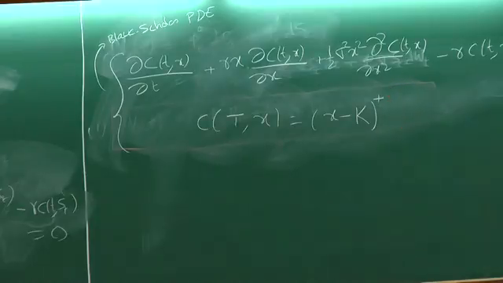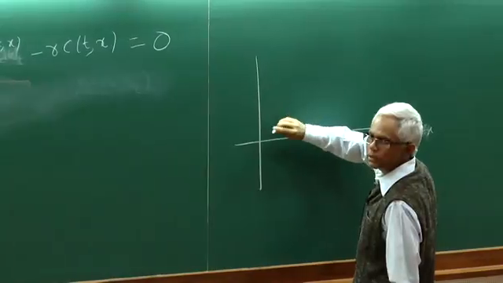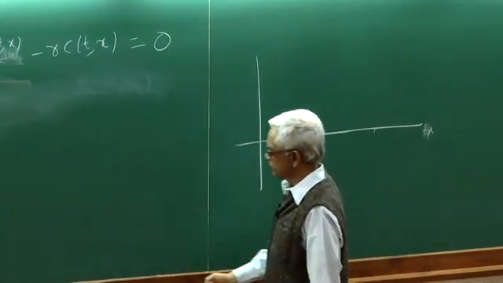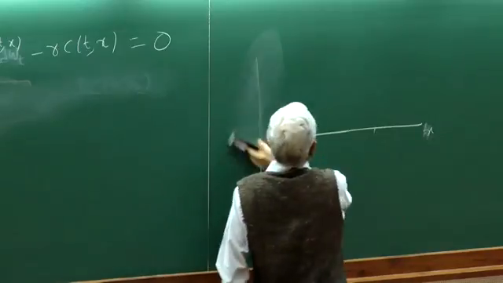So in other words, if this is your time axis, so this is 0 to t. Now, if your x axis, so the x must be positive, right? So it's the upper half plane.